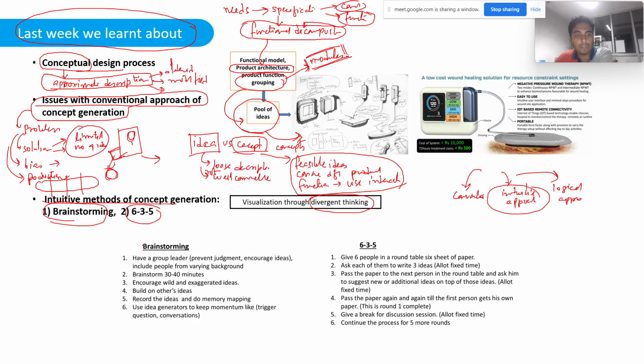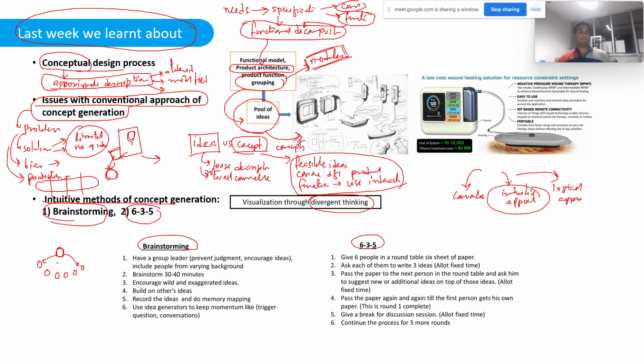The difference between brainstorming and 635 is that in brainstorming there used to be a group leader, and generally the group leader, along with other people from various technical backgrounds, conducts a brainstorming session.